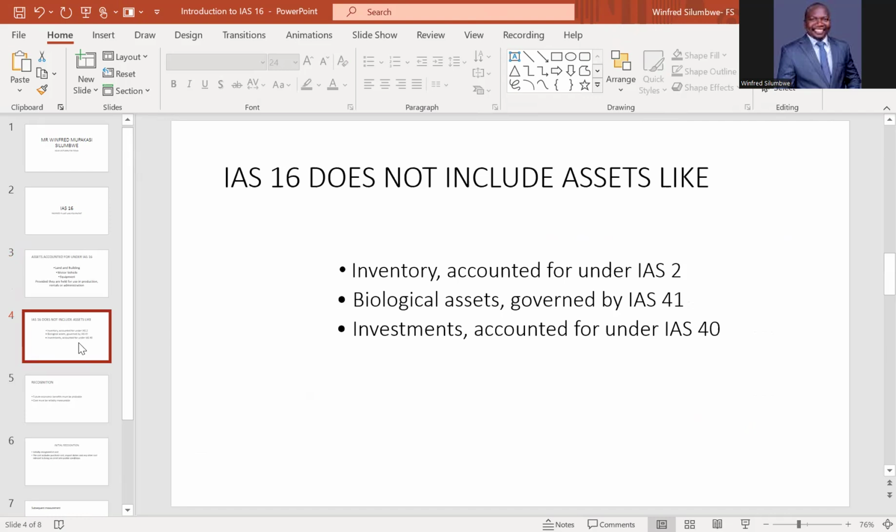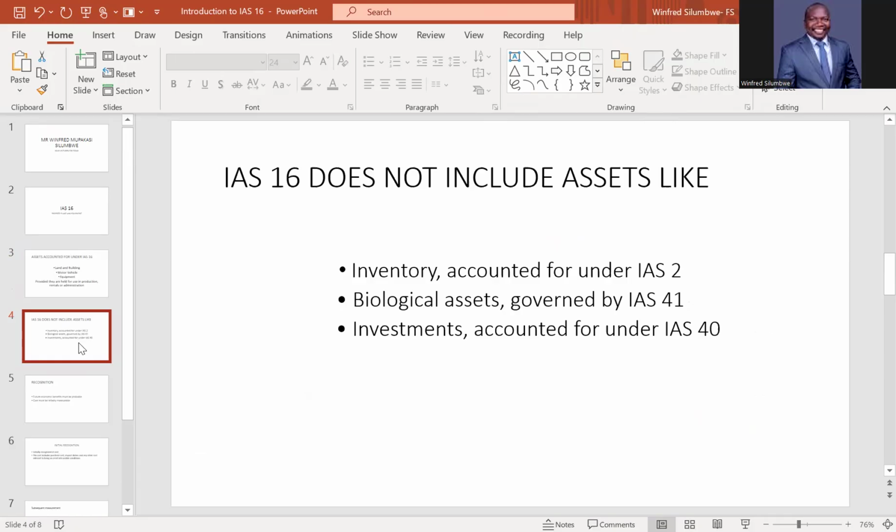If they are biological assets, someone has a farm, I'm sure by this time you should know that even cows are assets. They are called biological assets, as long as they are held for that purpose. Those are accounted for under IAS 40 investment.